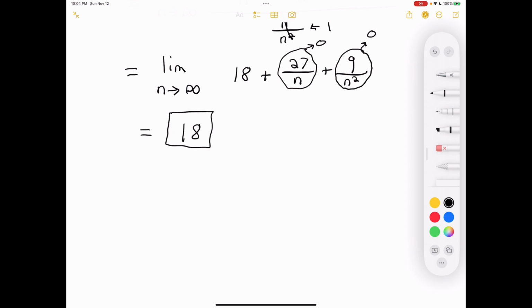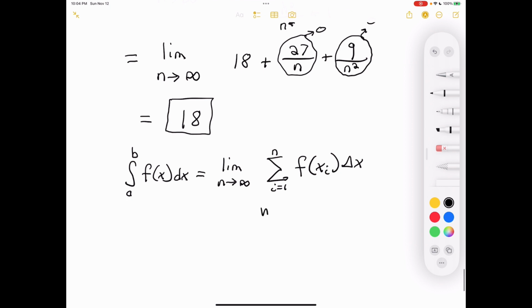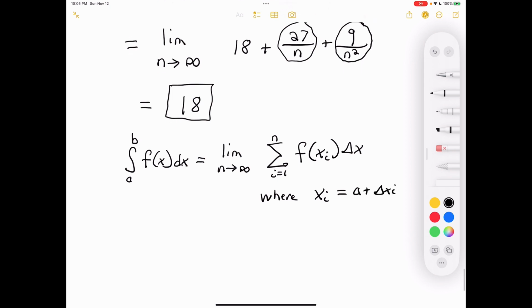So I say that a definite integral from a to b of f of x dx is equal to the limit as n goes to infinity of the summation i equals 1 to n of f of x sub i times delta x, where x sub i is equal to a plus delta x times i for right-hand endpoints, and delta x is equal to b minus a over n.